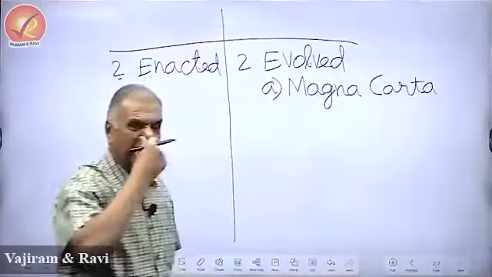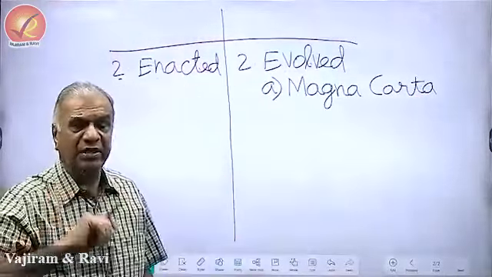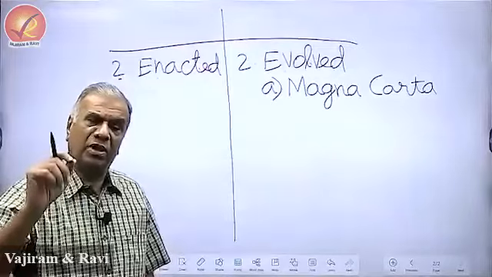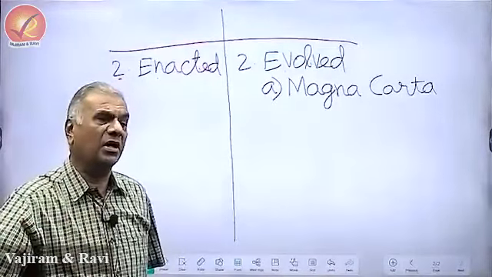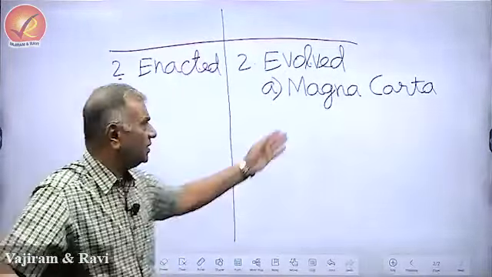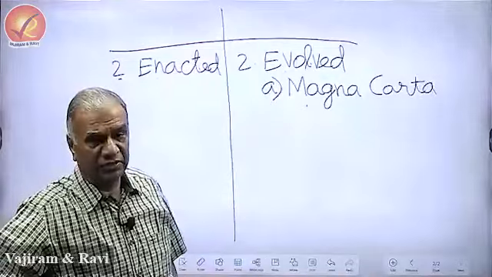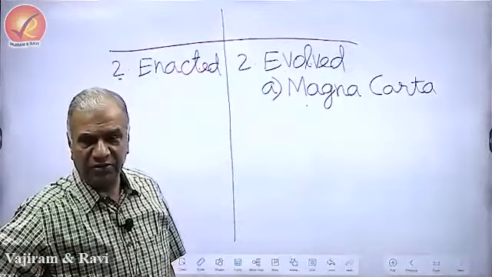The Magna Carta was the first written document which aimed to control the powers and authority of the king. It is a short document consisting of just 6 provisions.